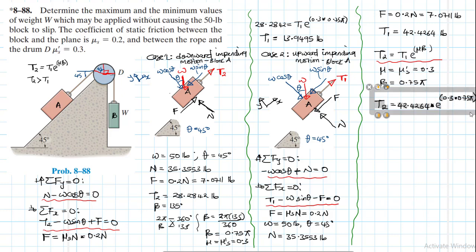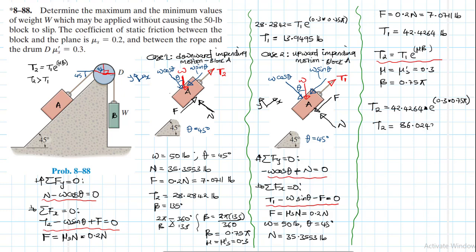Let me just move this a little bit like so. So we have everything in there, and if we calculate, our T2 will be equal to 86.0242 pounds.